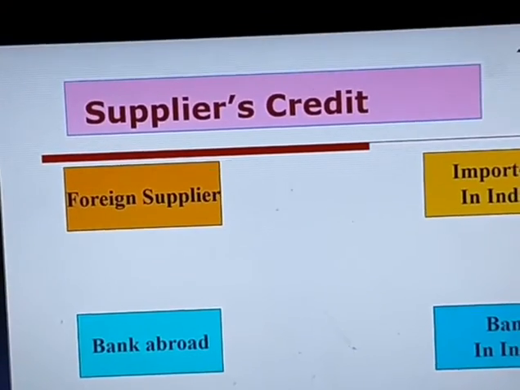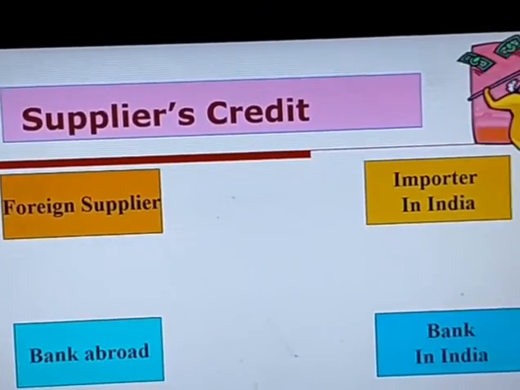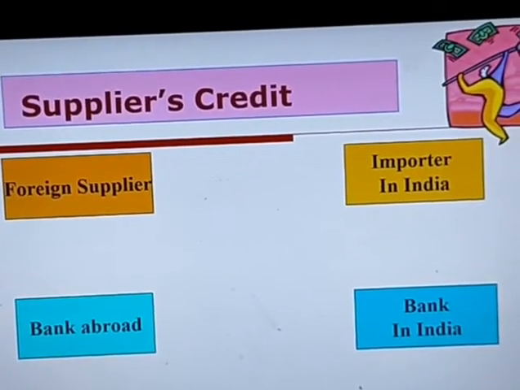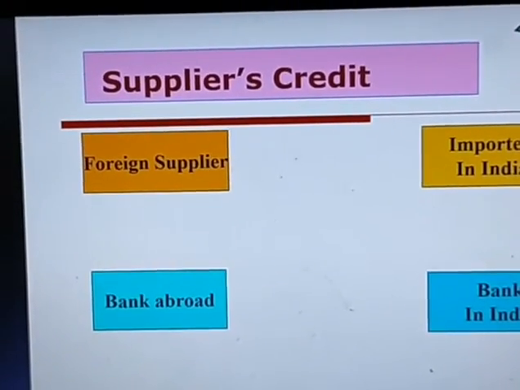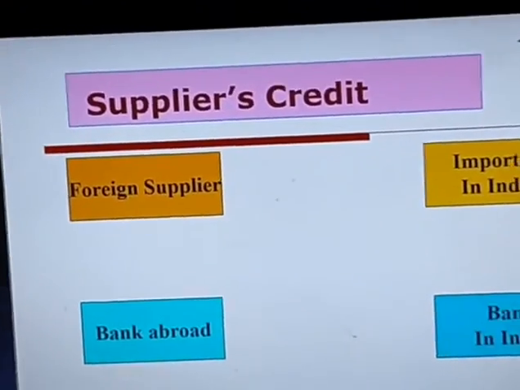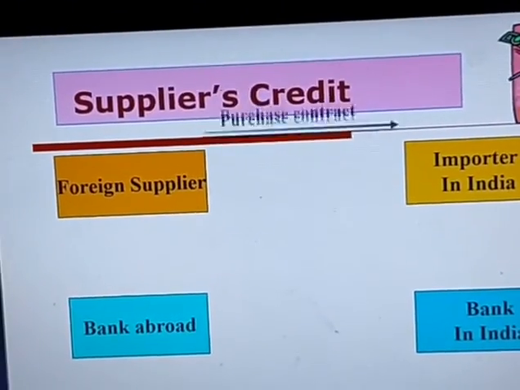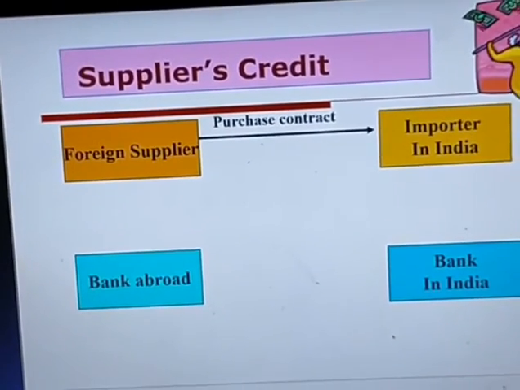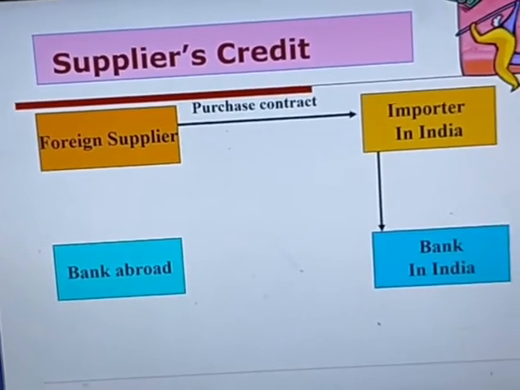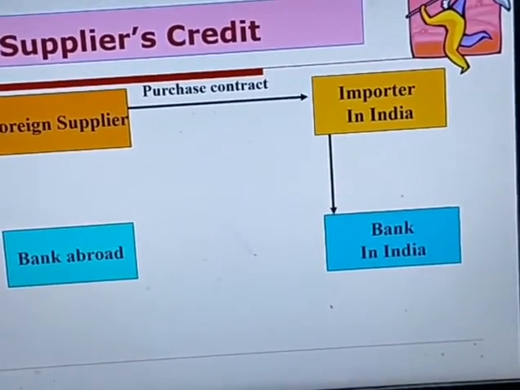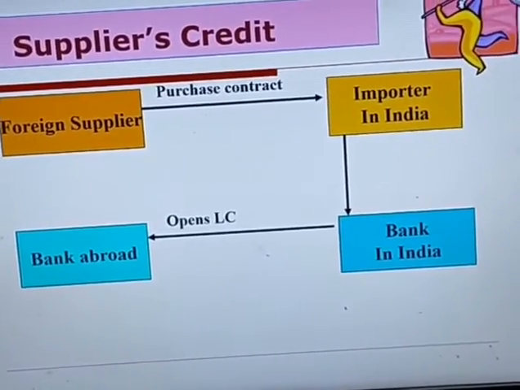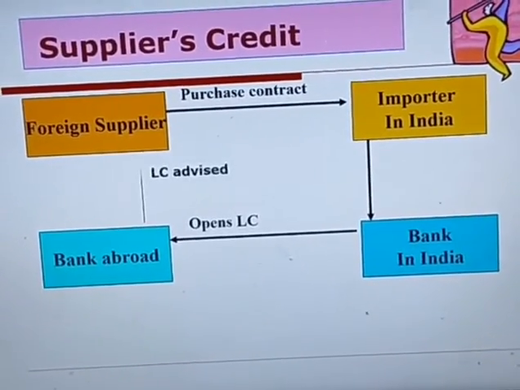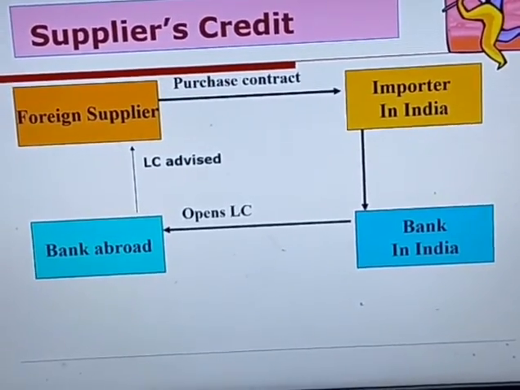Let us see the diagrammatic representation of a supplier's credit. Here there is a foreign supplier, an importer in India, a bank abroad and a bank in India. Let us see how it works. Okay, the foreign supplier and importer in India will have a purchase contract. Then the importer in India will approach a bank in India and he will open an LC on the bank abroad, okay, and the LC is advised.